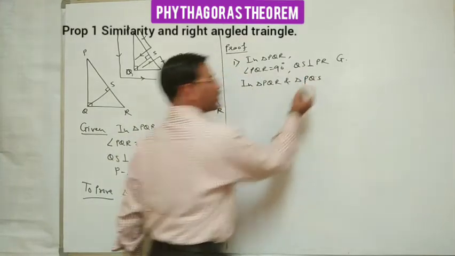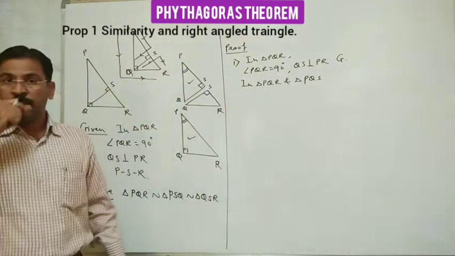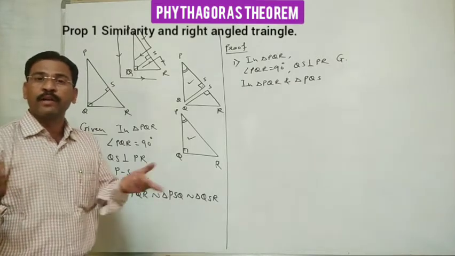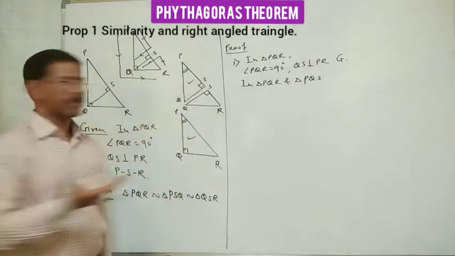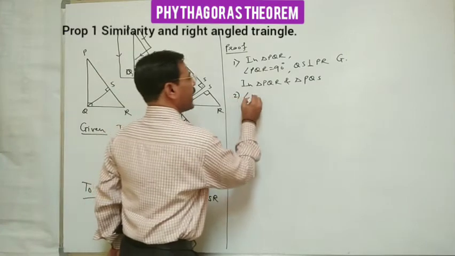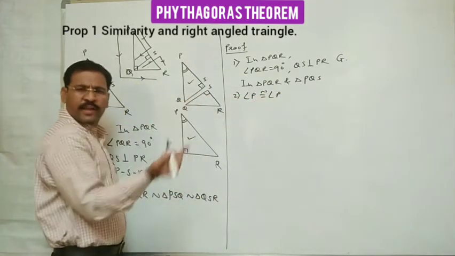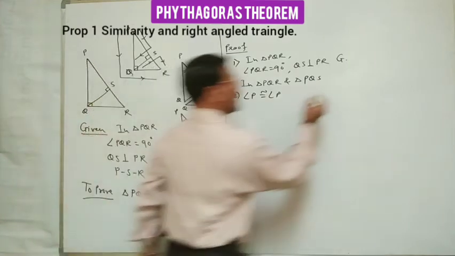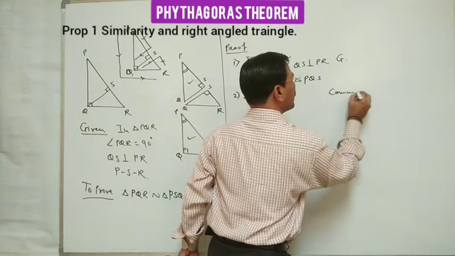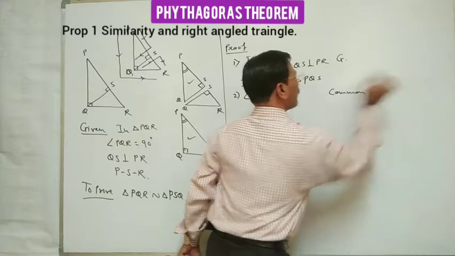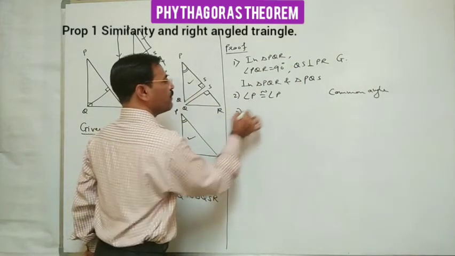You can write PSQ, but without doing the proof you don't know how to take that one-to-one correspondence. Take anything like PQS. See first here, I'll write angle P to angle P, which is the common angle. This is the common angle. Now one more angle, which is the right angle.